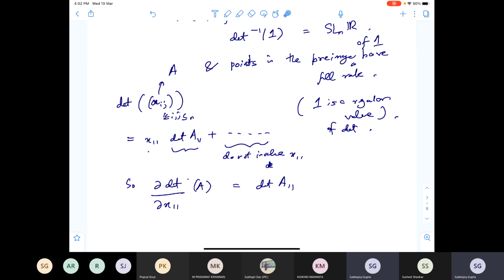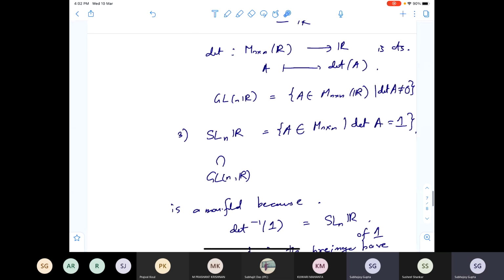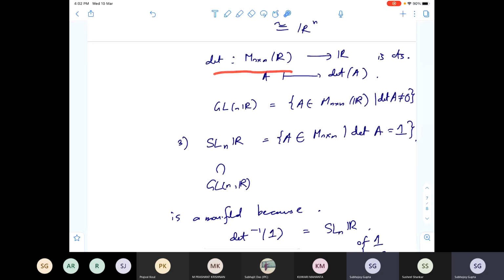So now the point is that all you need for the derivative of the determinant to have full rank is that one of these is non-zero, because the determinant map is from something to R, and you want the derivative to be full rank. Here full rank just means rank 1.